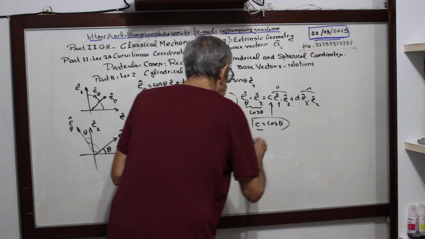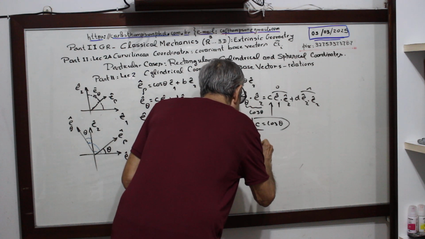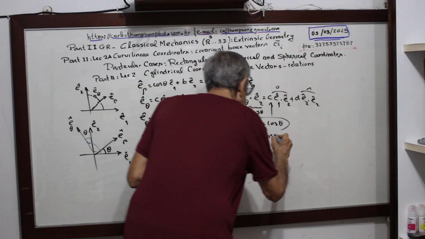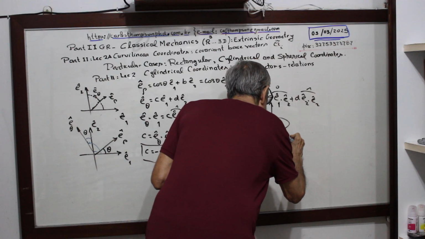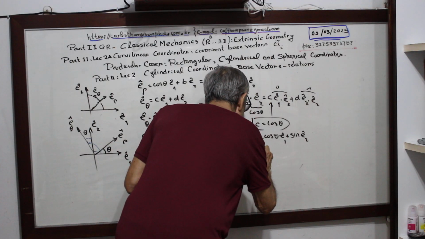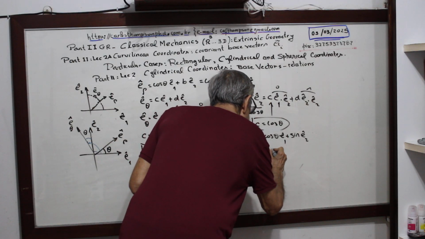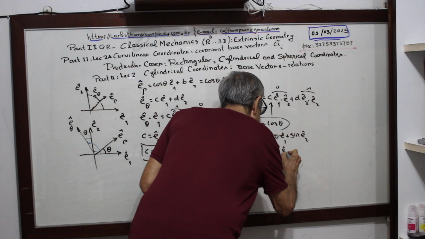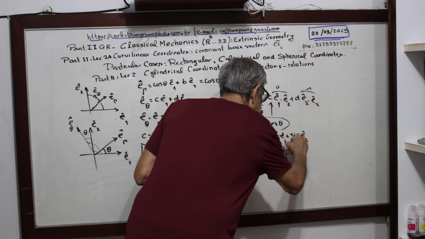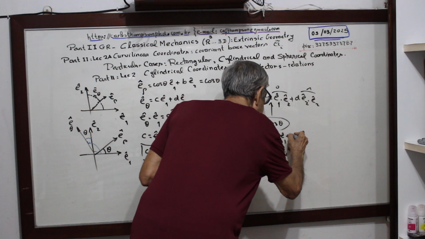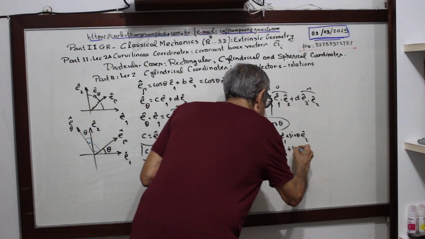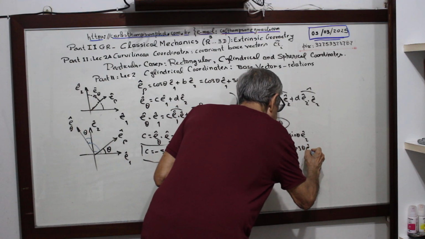Look how interesting it is. Then I have, just repeating here, E rho is equal cosine theta E1 plus sine theta E2. Now, E theta is equal minus sine theta E1 plus cosine theta E2.